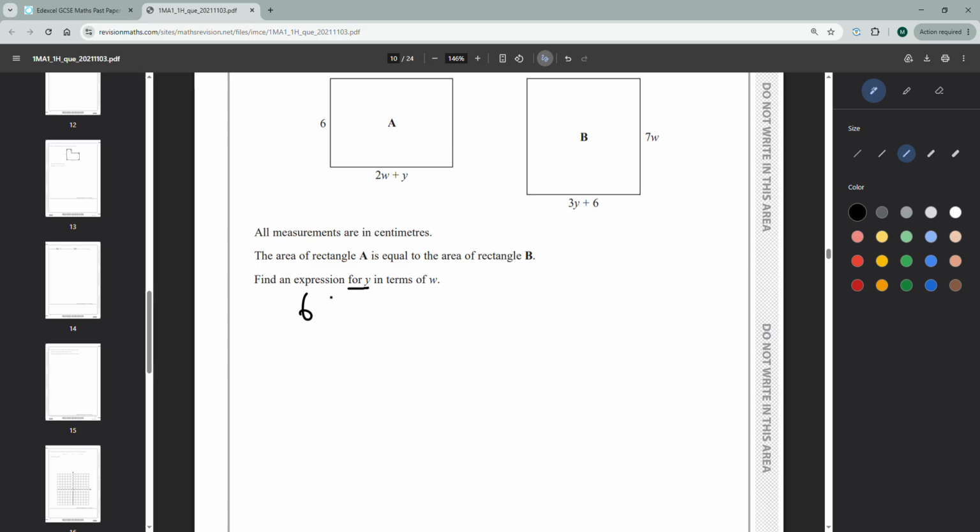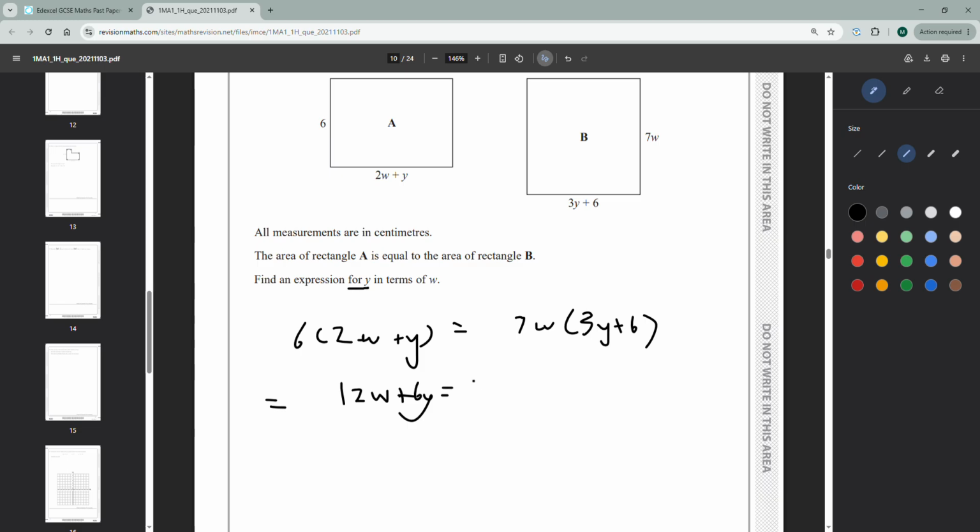Alright, so let's just expand them, because to get to the area we need to times all of these. So we're gonna do 6 times w plus y, no, sorry, not plus, I mean equals 7w 3y plus 6. Alright, inshallah we're gonna get the answer. 12y plus 6y, pretty easy, equals 21wy plus 6.